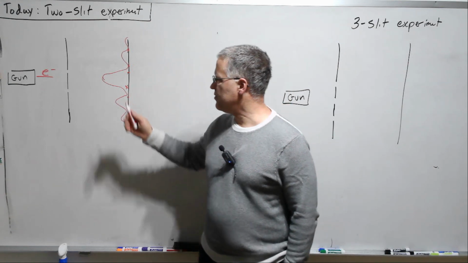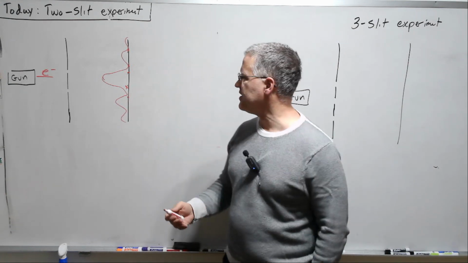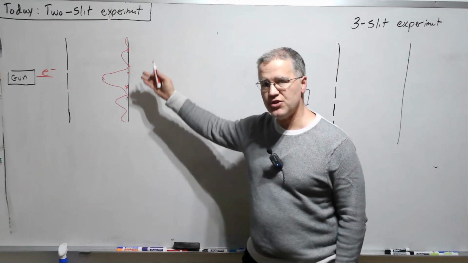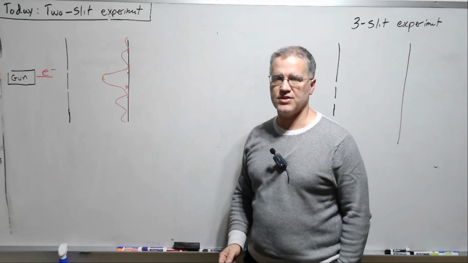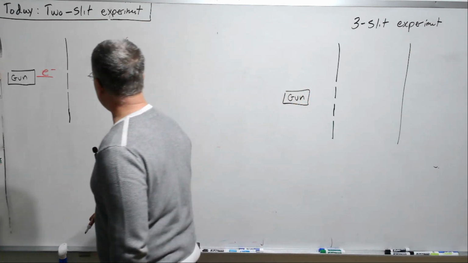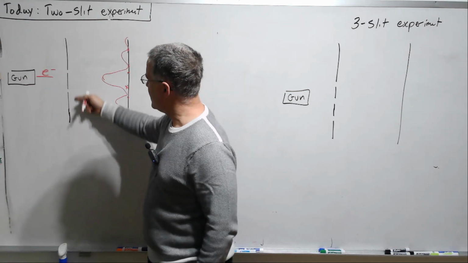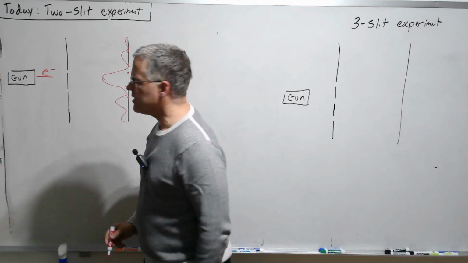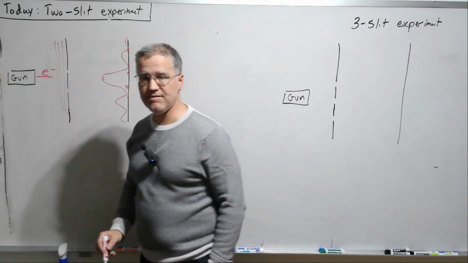And so we see the wave-like character manifesting itself in the distribution, the probability distribution of where these electrons hit on the screen. And so to describe that, we say that as the electron passes this wall with the slits, its behavior is manifestly wave-like.